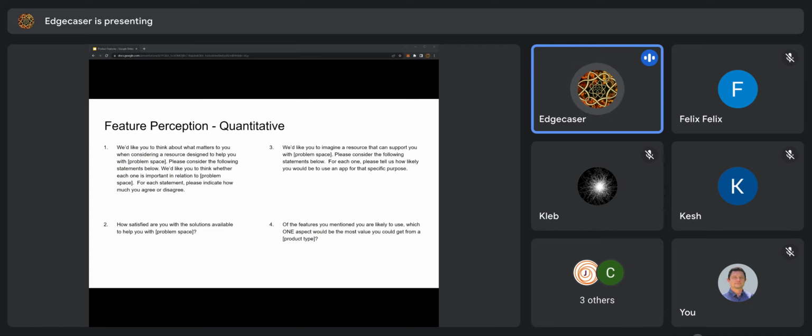Now, question 3 is once again you reshuffle the different feature ideas, and now ask them, would you use an app to fix that specific problem that you are offering? And then you ask, okay, which one would you use the most?